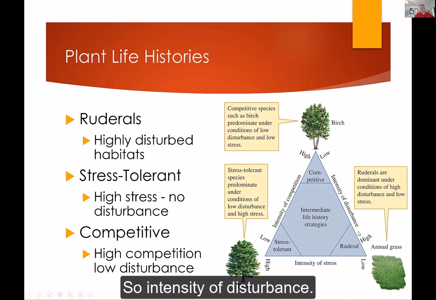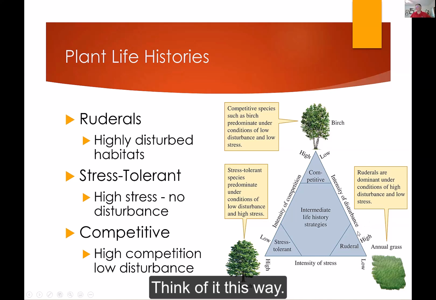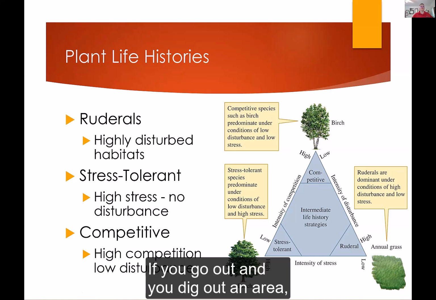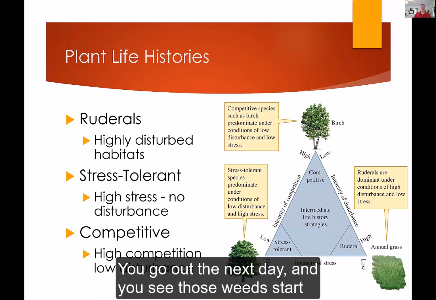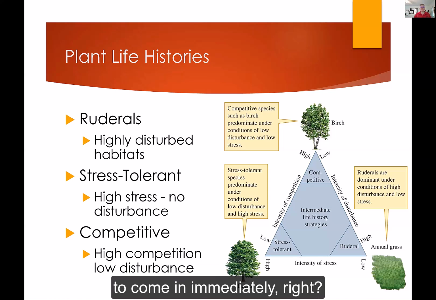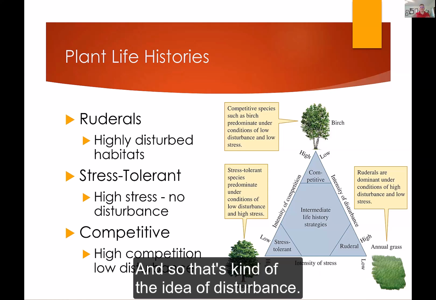So intensity of disturbance, think of it this way. If you go out and dig out an area to plant your tree, you start digging things up, you go out the next day and you see those weeds start to come in immediately, right? That's the idea of disturbance.